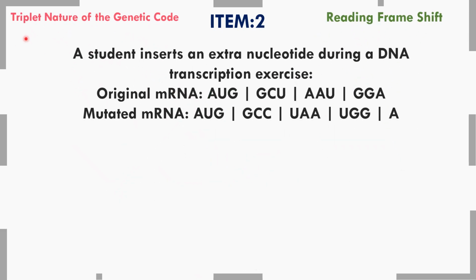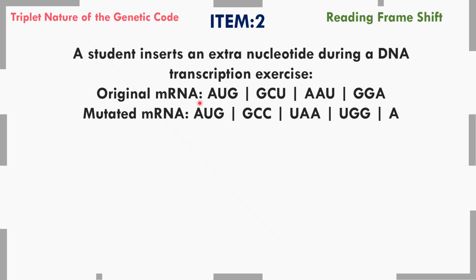Let's now look at triplet nature of the genetic code. We are going to explore the reading frame shift. Item 2. A student inserts an extra nucleotide during a DNA transcription exercise.